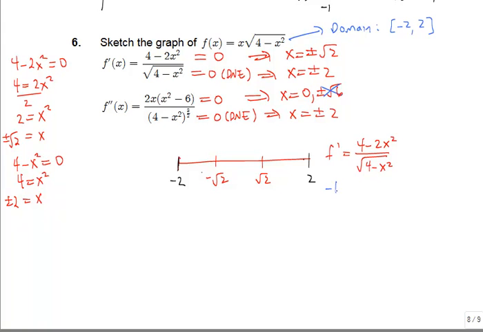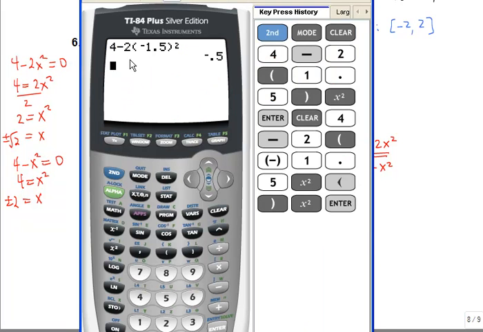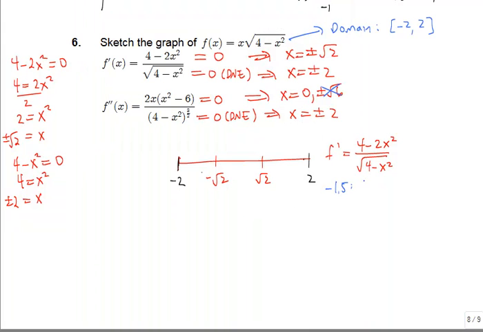So if you tested like negative 1.5 into this derivative, negative 1.5 squared, and then multiplying that by 2 and then subtracting that from 4 is going to end up giving us, if we pull up the calculator, you can see 4 minus 2 times negative 1.5 quantity squared is negative 0.5. So that numerator is going to be negative, and this denominator is always a positive square root, so that denominator is always a plus.